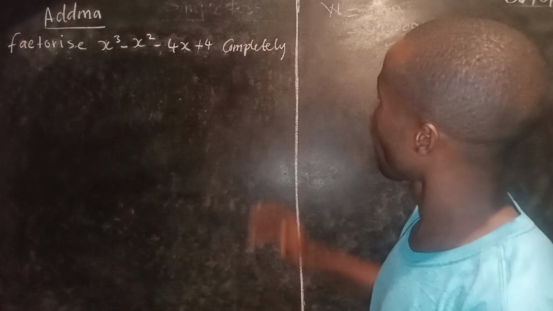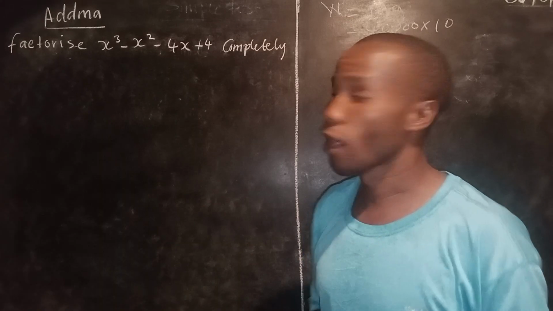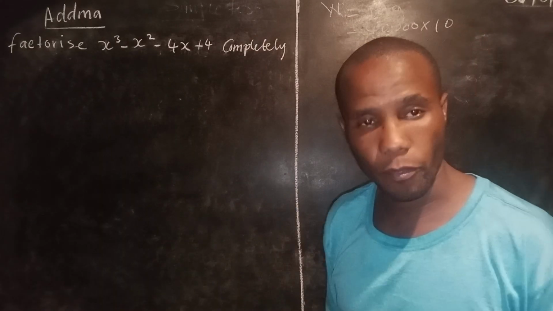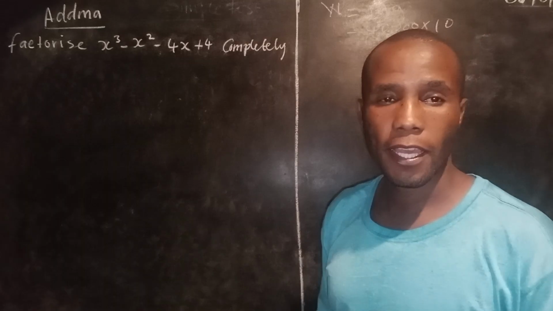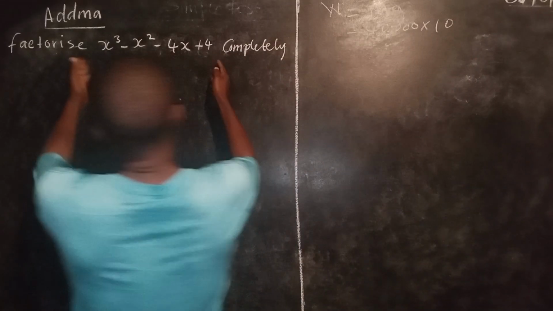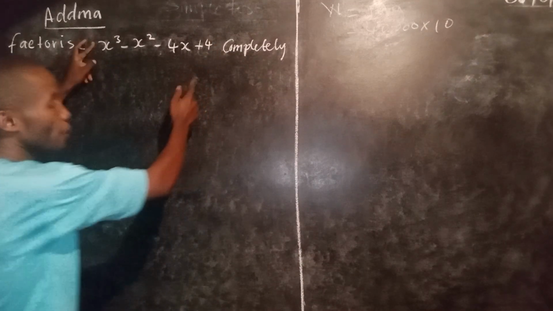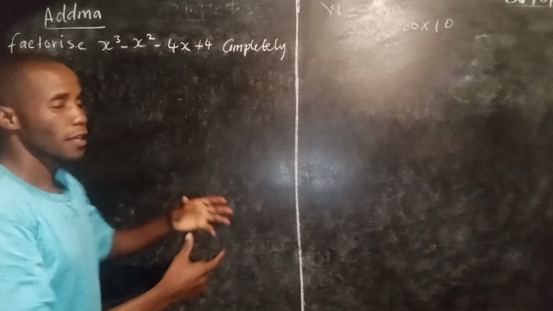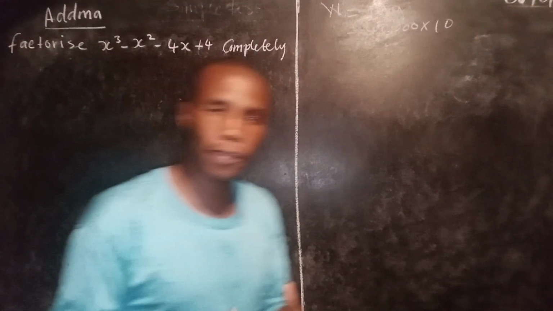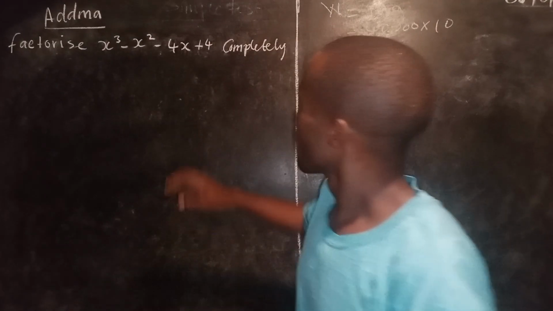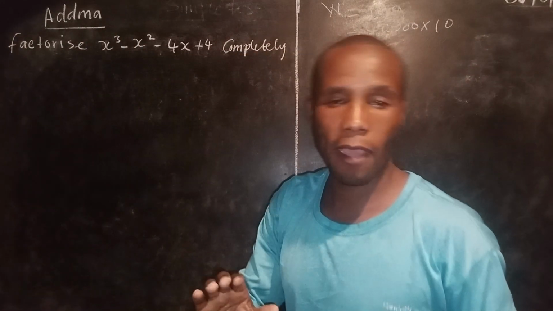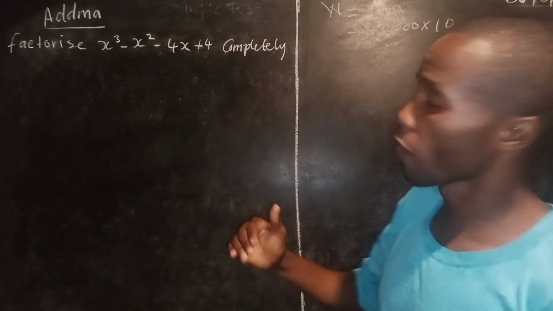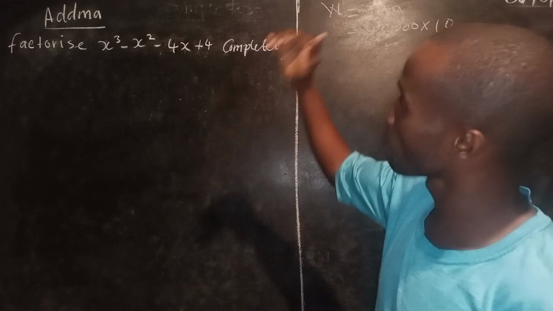So now, how can we factorize the given question? One thing you must know is that this type of question is a cubic function. What do I mean? The first term has a power which is more than 2, and this is power 3.